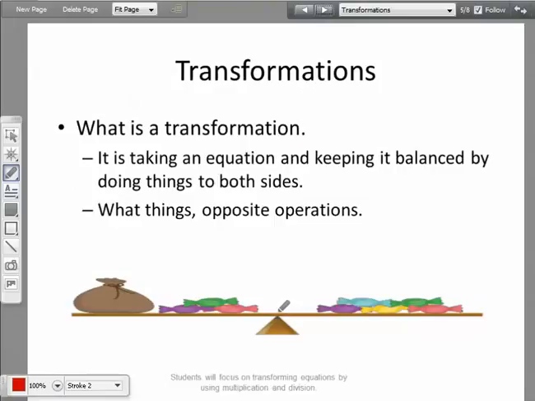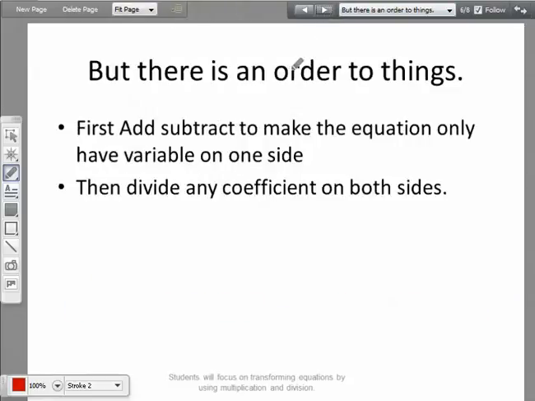Our concept here is that we're transforming the equations. We want to keep things balanced. Do whatever to one side as we do to the other side. And we're looking at division or multiplication, right? So, what do we do first? Do we do addition or multiplication?